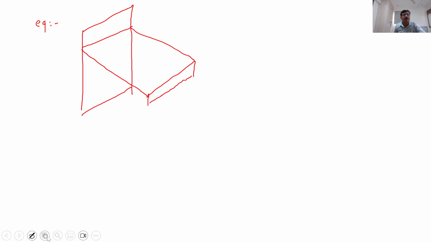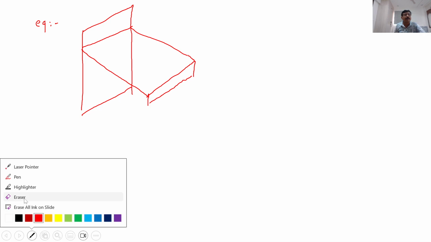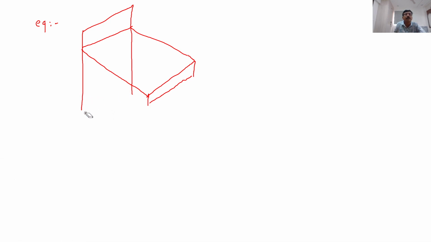Okay, just a minute, I will increase the depth of the wall so that you will understand clearly. This is the base wall, and I am showing a single fin on it. This is a single rectangular fin. Okay, hope you understand.